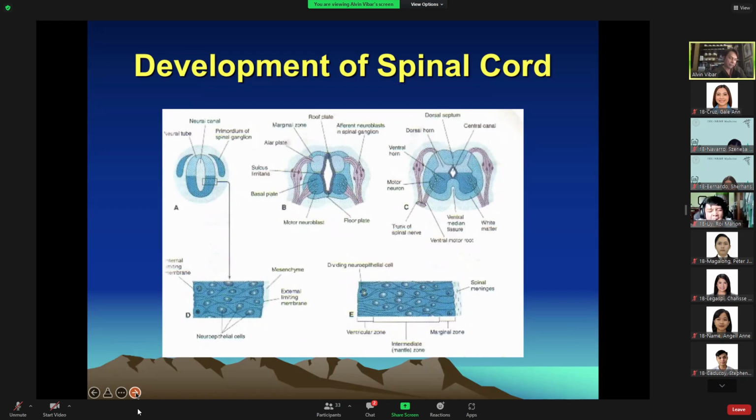And the gray matter is made up of, this part is posterior horn, this part is anterior horn. That's the gray matter, and it is surrounded by the white matter. And you have a canal here. It's your ependyma lining the central canal of the spinal cord.